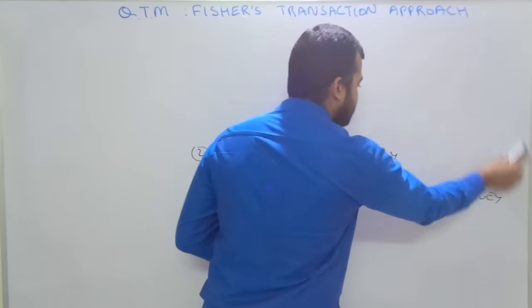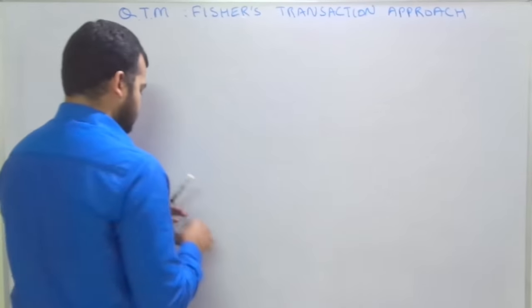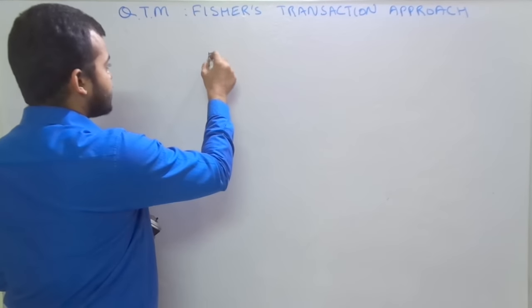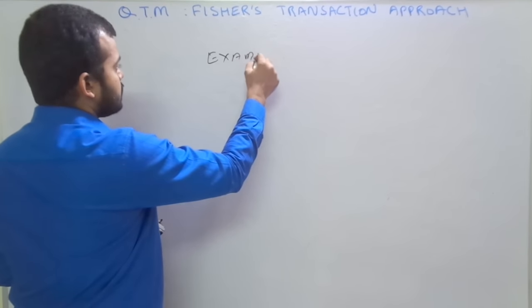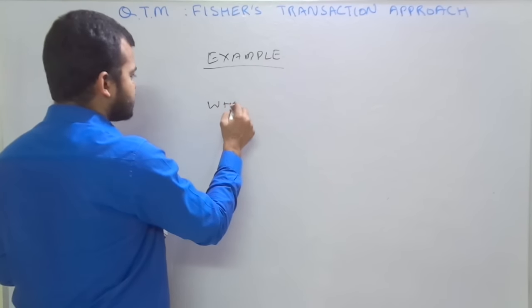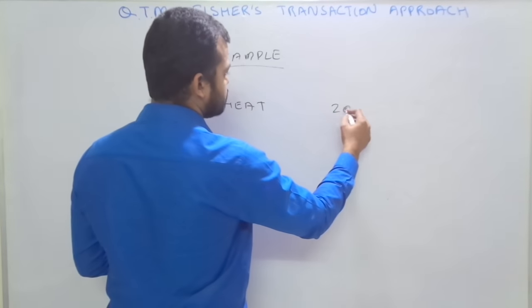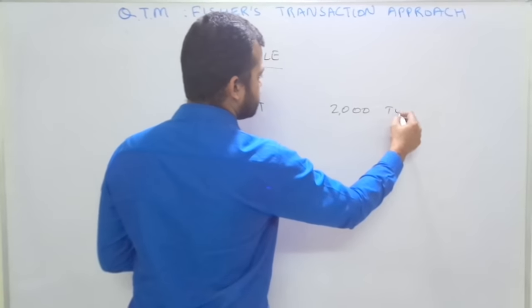Now we'll understand these things with one simple example. The hypothetical example we are taking is about wheat. Suppose there is a wheat production of around 2000 tons.